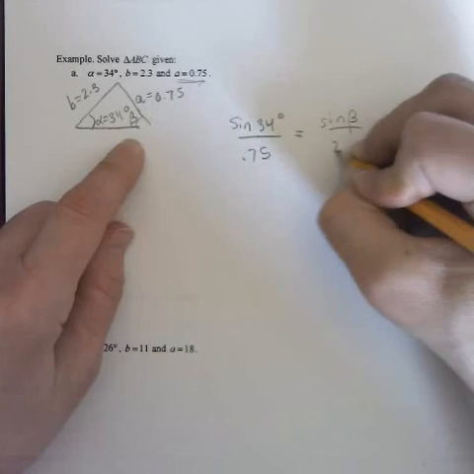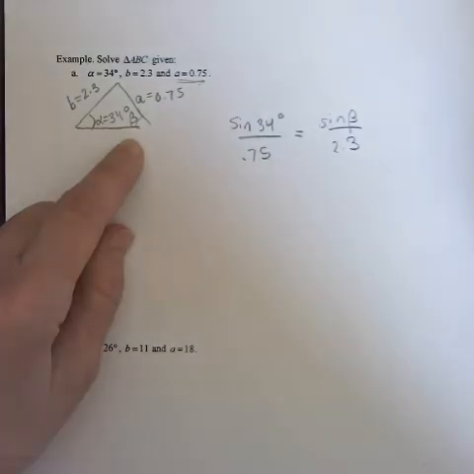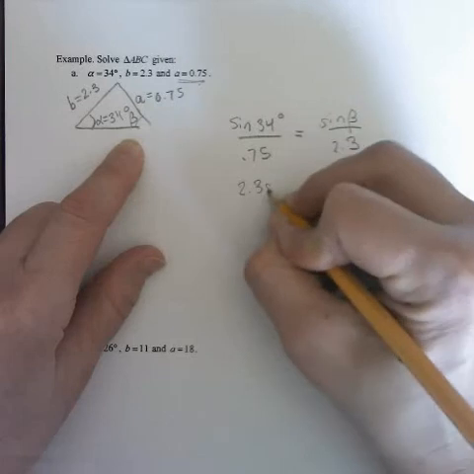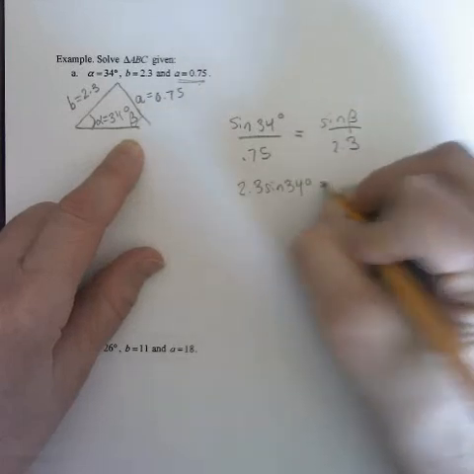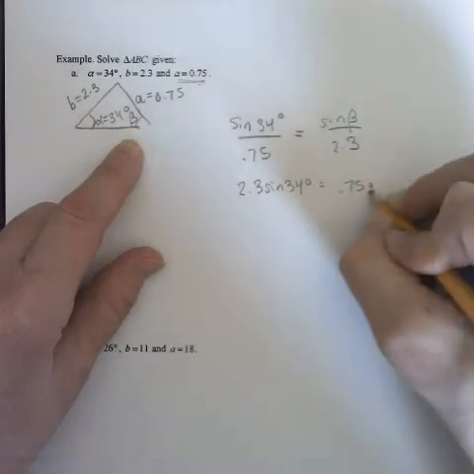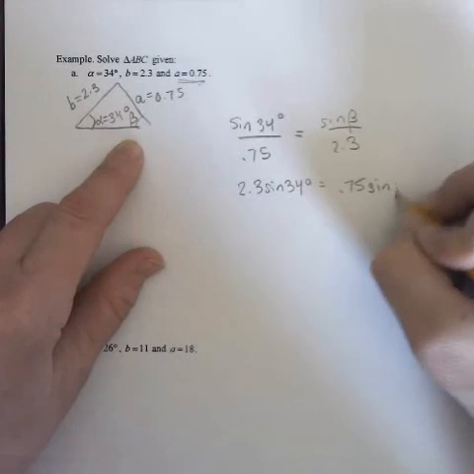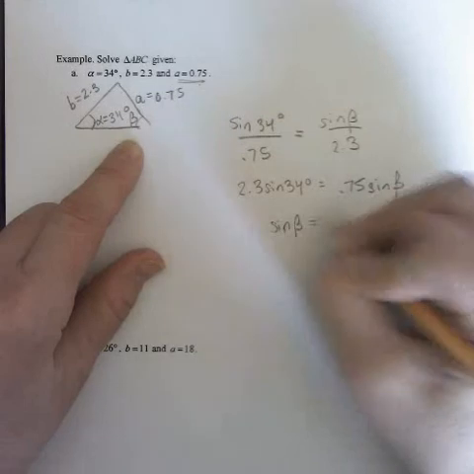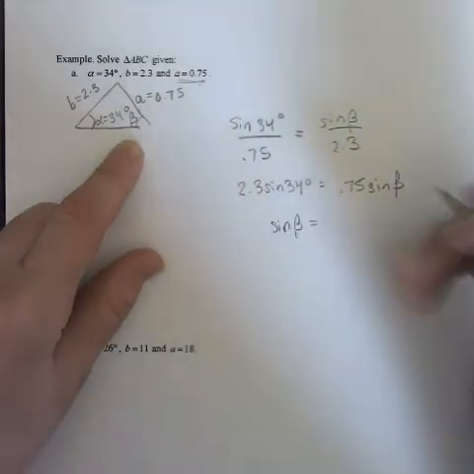So 2.3 sine of 34 degrees equals 0.75 sine beta. So sine beta is 2.3 sine of 34 degrees, and then divide by 0.75.